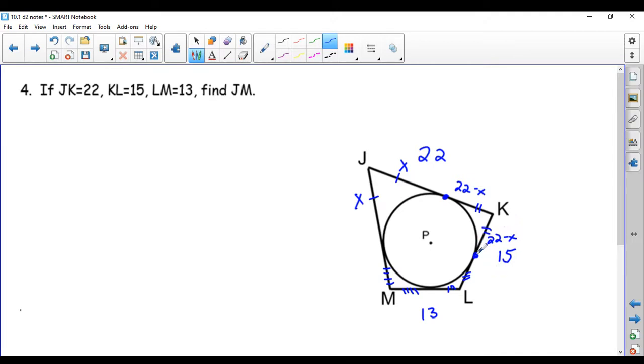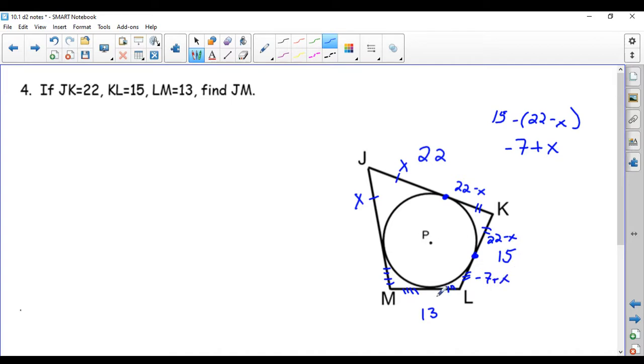To get the distance from this point to L, we're going to take the whole segment length, which is 15, and subtract the top part. When you do that, you need to make sure you distribute your subtraction. 15 minus 22 is negative 7, and then I have to subtract negative x, which makes it plus x. It's negative 7 plus x or x minus 7, either way.